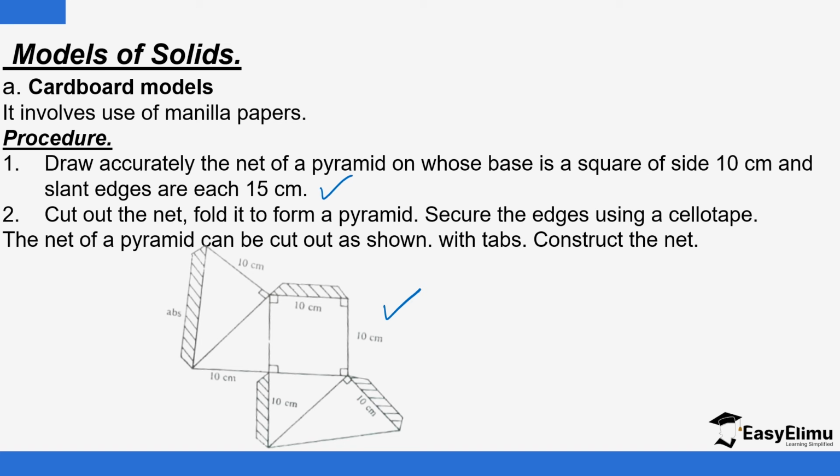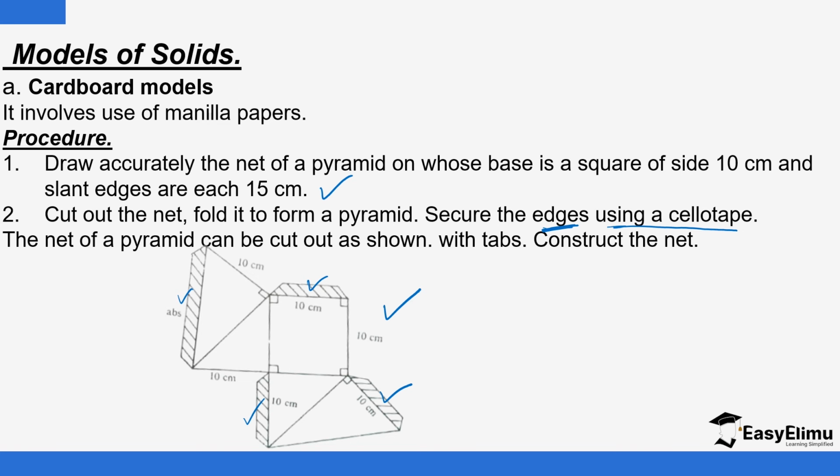You cut out the net, fold it to form the pyramid. Now you make sure that the edges are held firmly using sellotape. You can see you mount the sellotapes at the ends. So that is basically the procedure.